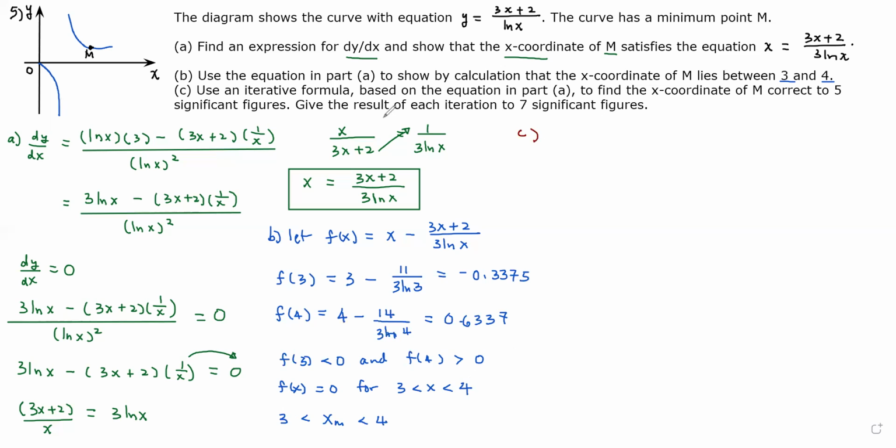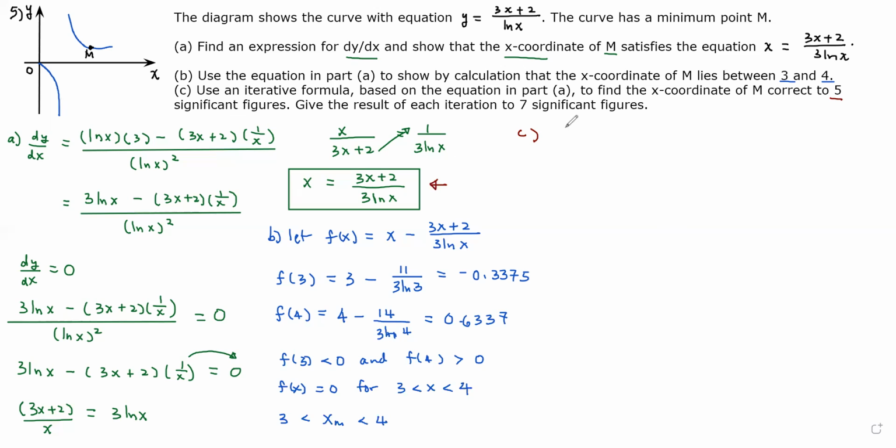Part C, use an iterative formula based on the equation in part A to find the x coordinate of M correct to 5 significant figures. The result of each iteration must be to 7 significant figures.